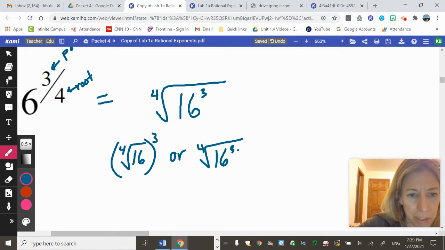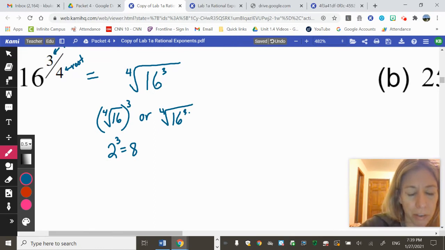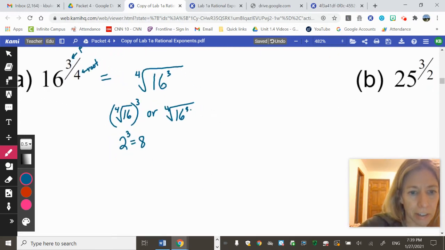What times itself 4 times would be 16, and that's 2. So 2 to the 3rd power is 8. And if you did know 16 to the 3rd power and took the 4th root, you'd also get 8. So in this case, the final answer is 8.